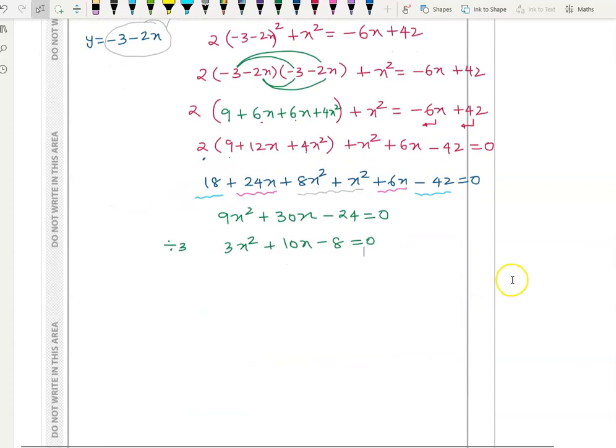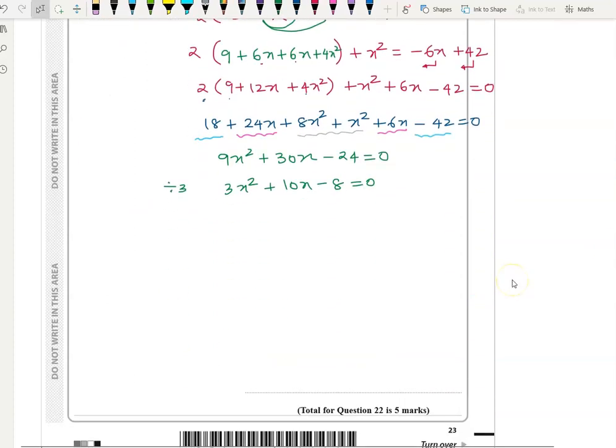Okay, so you need to find two factors such that when you multiply them, you should get answer 8 times 3. That is, you should get minus 24, and when you add or subtract them, you should get 10. So your product is AC, that is coefficient of x square multiplied by the constant, and your sum is coefficient of x. So factors of 24, that gives you 10.